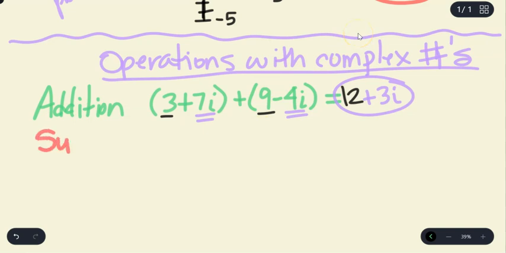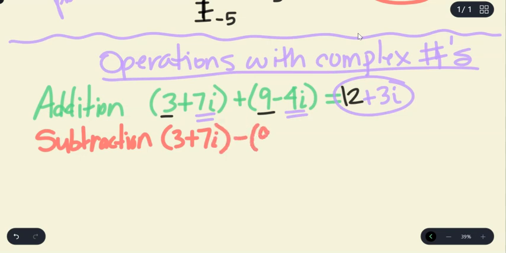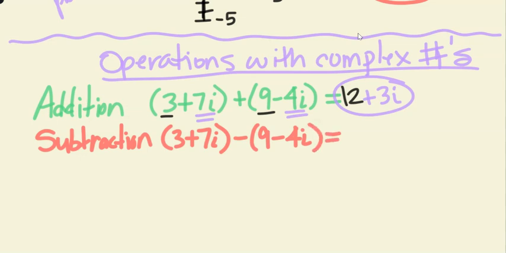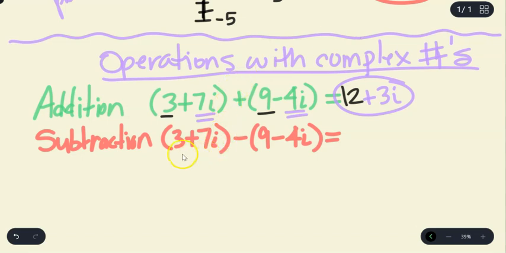Let's look at subtraction. This tends to be the one that bites people a little bit because of signs. So let's take the same two complex numbers, 3 plus 7i and 9 minus 4i, but now let's do a subtraction. I'm going to take my components and match them.